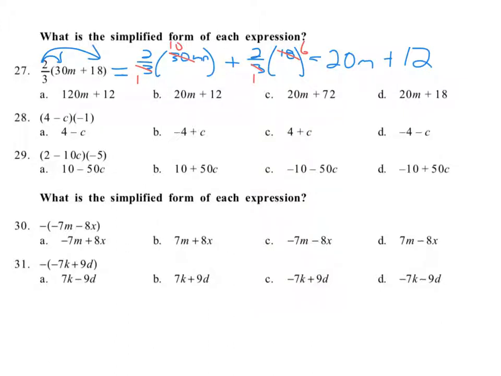Another way to look at it would be to say, instead of doing that canceling right there, 18 times 2 is 36. 36 divided by 3 is 12. Either way, you get to that 12. So we've got 20m plus 12. There it is. B. We're going to choose it and be done with this one.